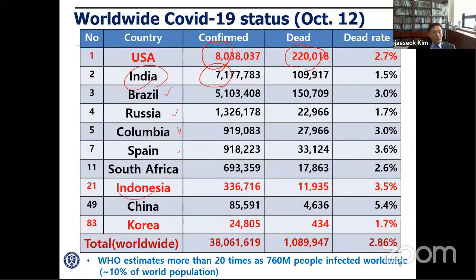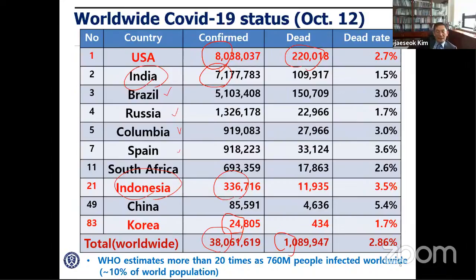But your country has about 336,000 confirmed cases with about 11,000 deaths. Our country now has 24,000 confirmed cases with 434 deaths. The official total number of confirmed cases is about 38 million with 1 million deaths.